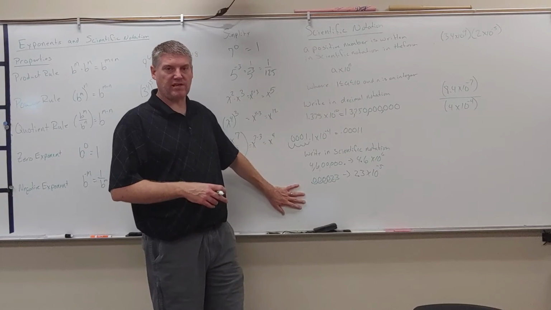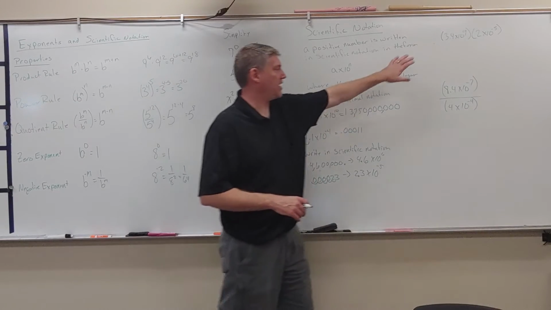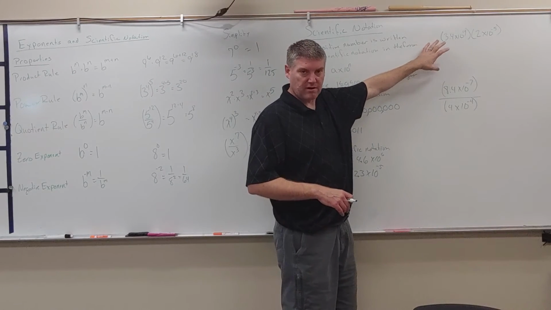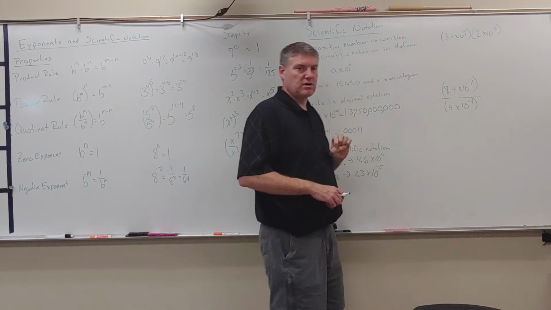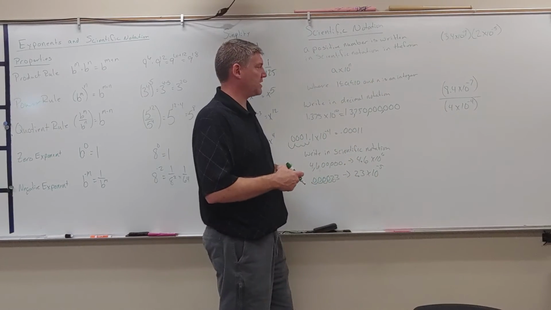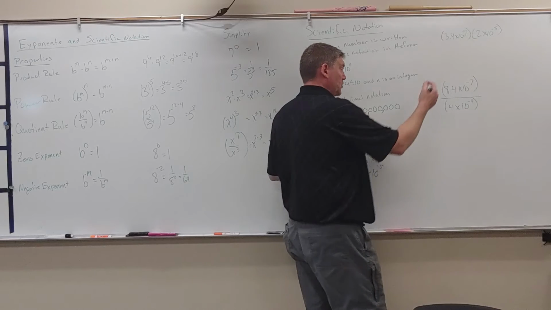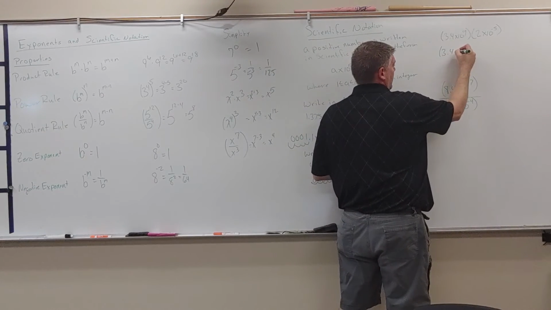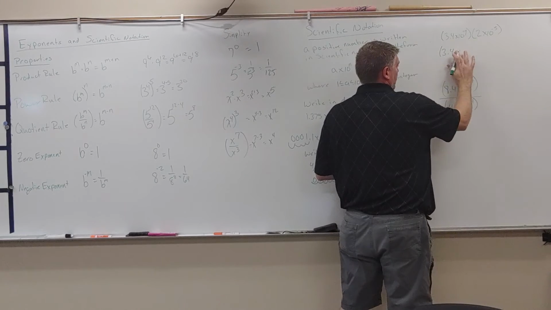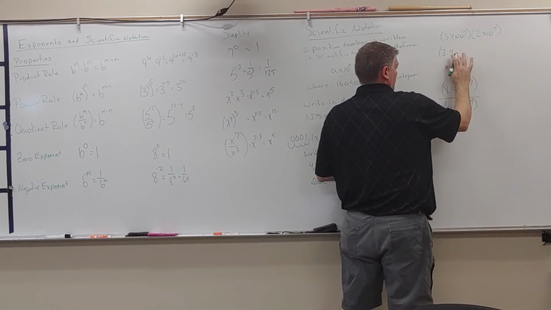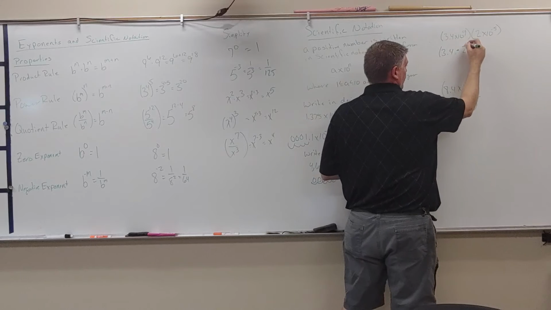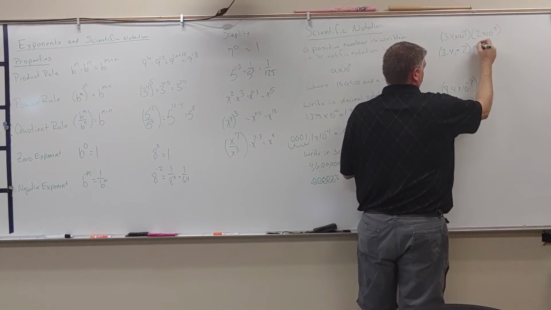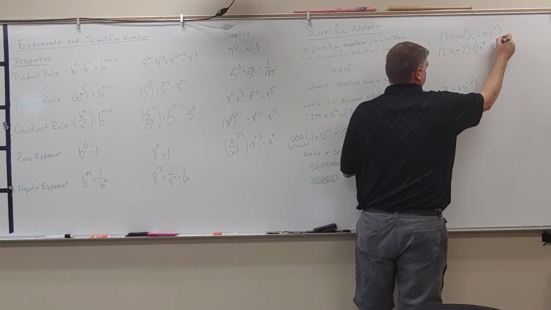Now the nice thing with scientific notation is it allows me to do some larger multiplication and division properties in my head. So what I'm going to do is separate this into 3.4 times 2, and then 10 to the 9th times 10 to the negative 5th.